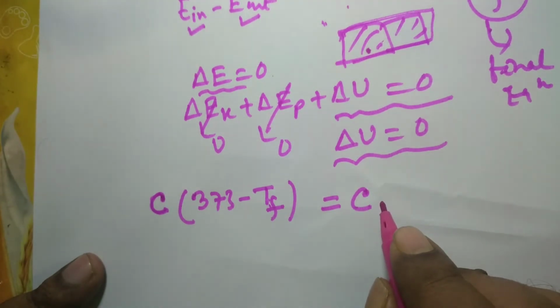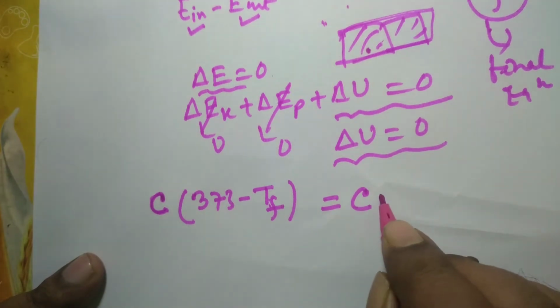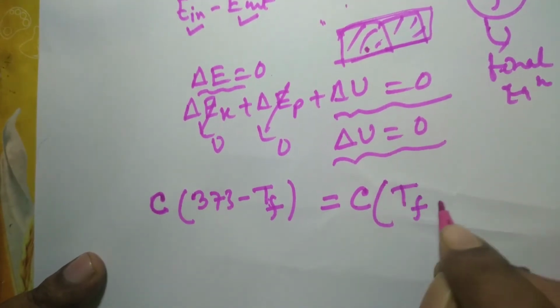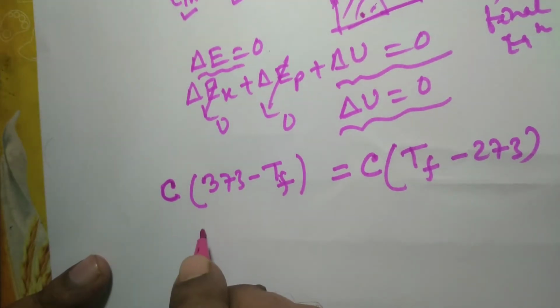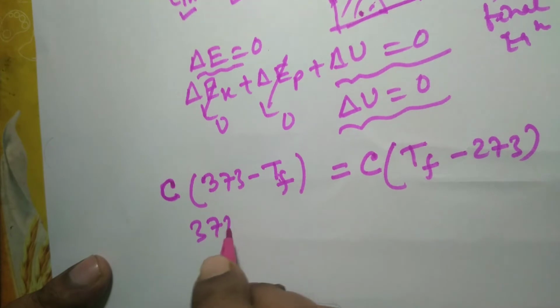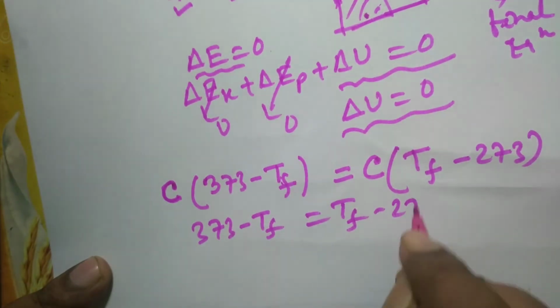So the product of mass and specific heat remains the same. On equating this, I find 373 minus Tf is equal to Tf minus 273.